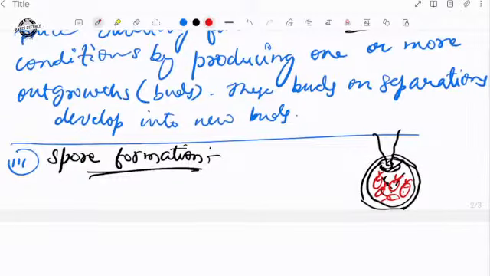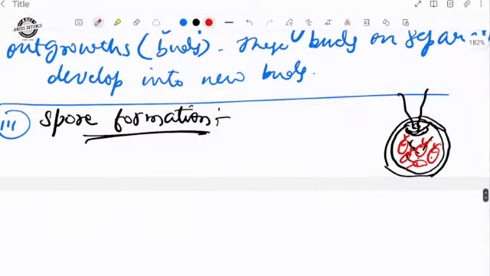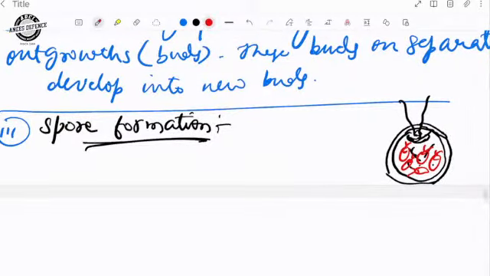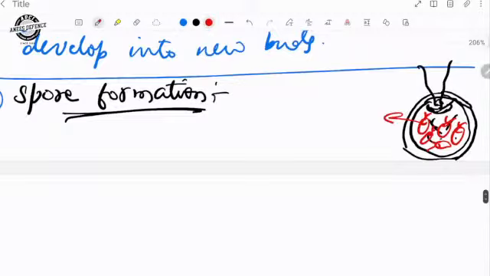Clear? These spores are going to be termed as zoospores, which have the capability to grow individually and completely form a new individual.